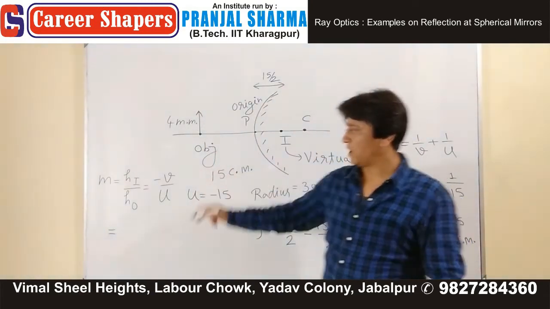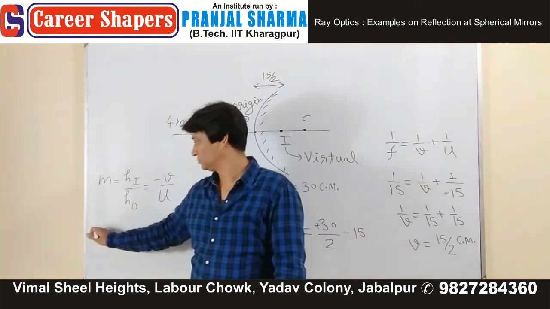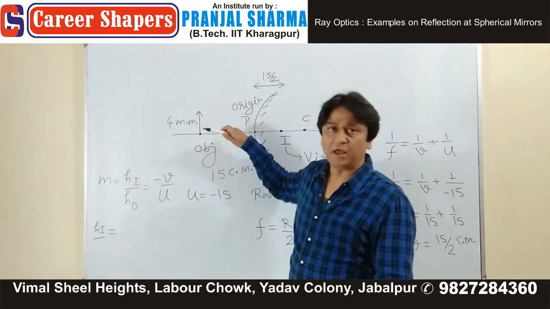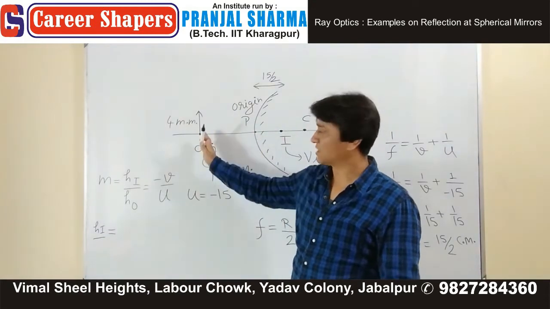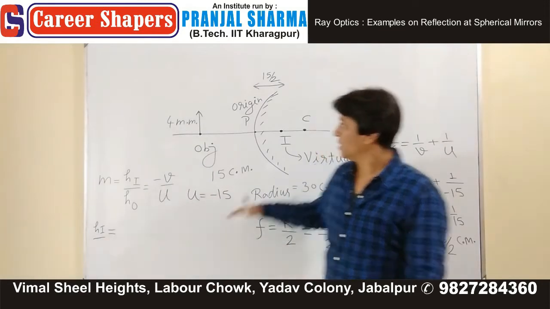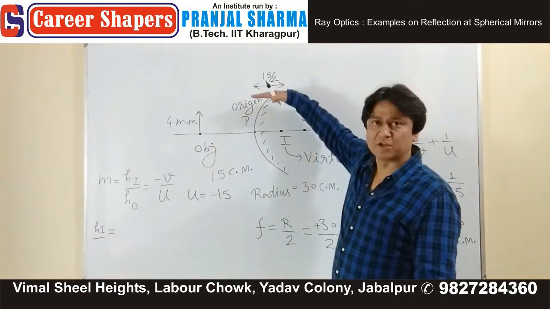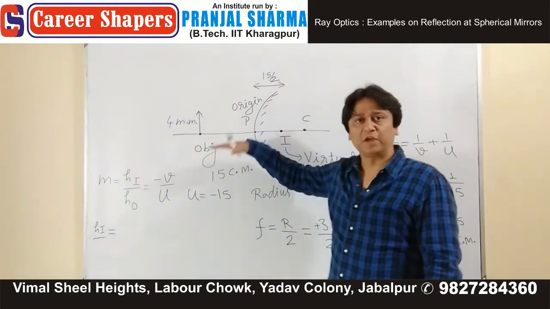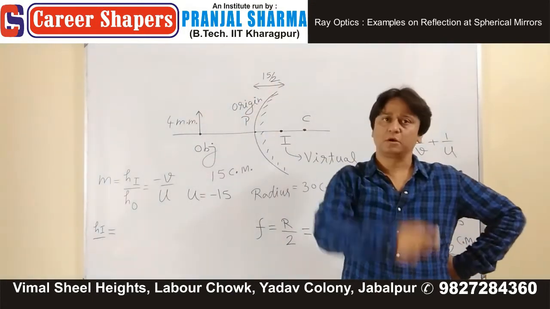Now, we need to find HI. What is HO? If things are on the left side, U will be negative. But they are above the principal axis, which is above the x-axis. And things which are above the x-axis are positive.